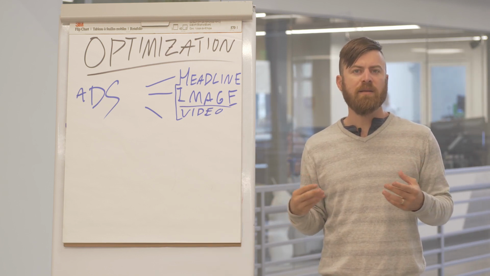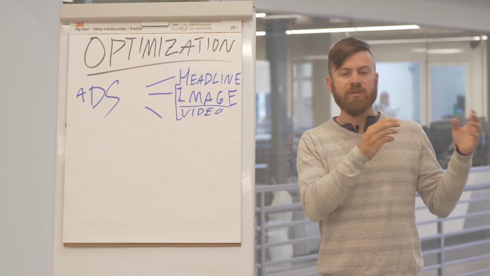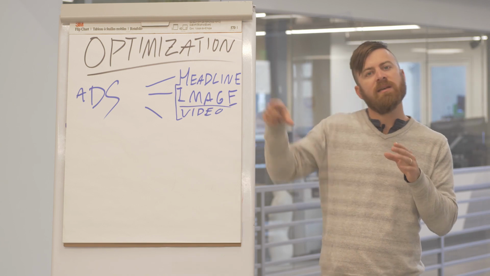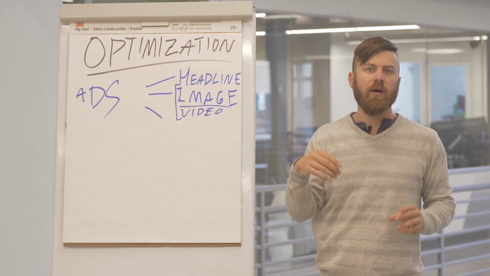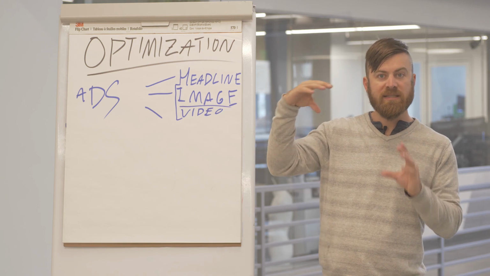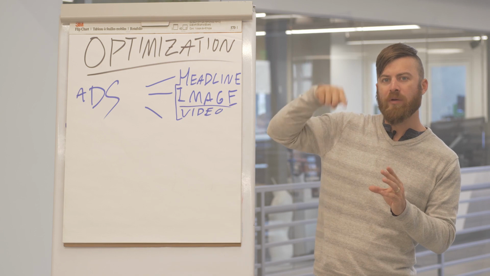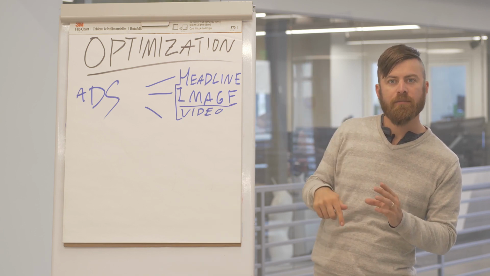Maybe your ad says something like, she used to weigh 500 pounds, and then you have an image of a woman that's really skinny, and you put a red circle around her hand, right?